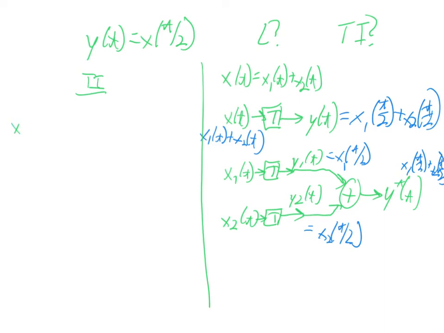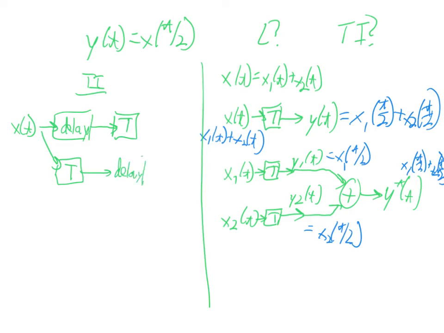I say, okay, start with the function x, and in one case I'm going to do a delay first, and in the other case I am going to apply the system first, and then here I apply the system second, and here I apply the delay second. And I get these two functions, and I see whether they are equal.